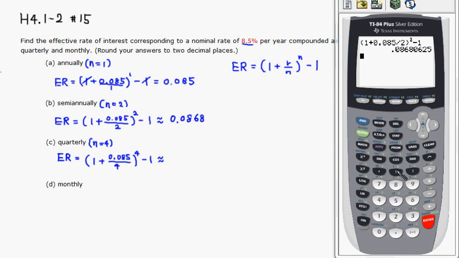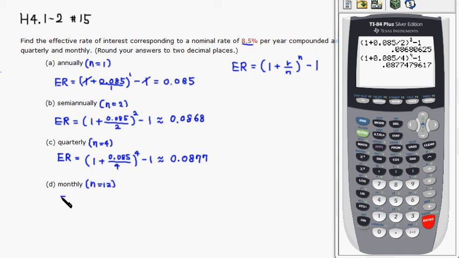It's 1 plus 0.085 divided by 4, raised to the fourth power, minus 1. So this came out to be 0.0877.